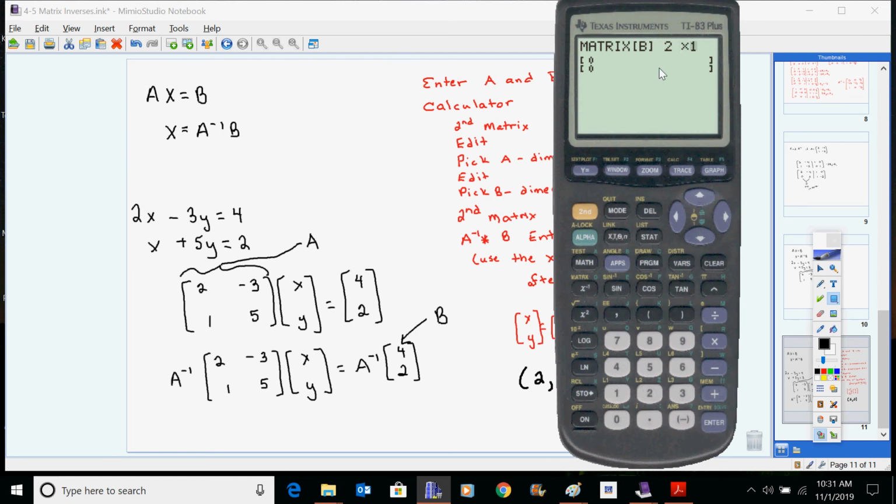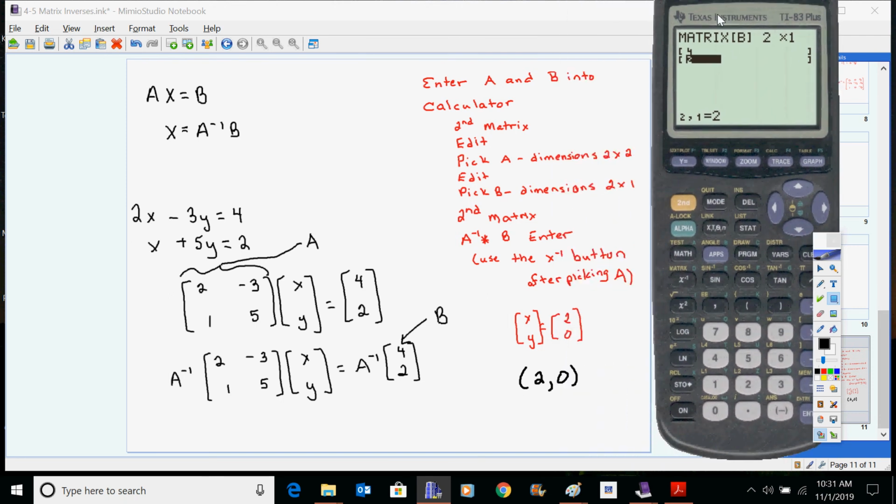And if you can't remember whether it's 1 by 2 or 2 by 1, if you put the dimensions in, it's going to show you, so that kind of helps because you know that it's an up and down thing. So we're going to put in now our two numbers, just our 4 and our 2. So now we have our matrix A and we have our matrix B.